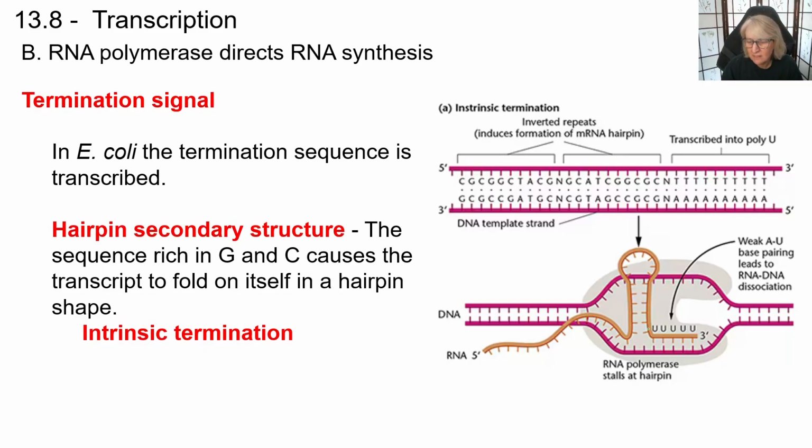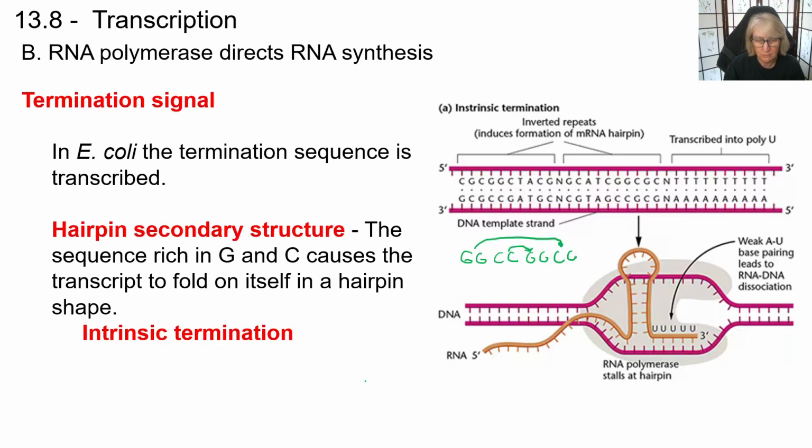And so as the transcript is being made, because it's making a G, G, C, C, G, G, C, C, maybe of itself, as this starts to be spit out of the RNA polymerase molecule, these guys kind of fold around and bind to each other.